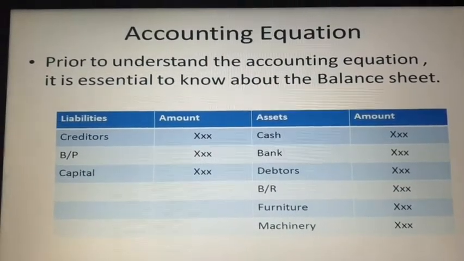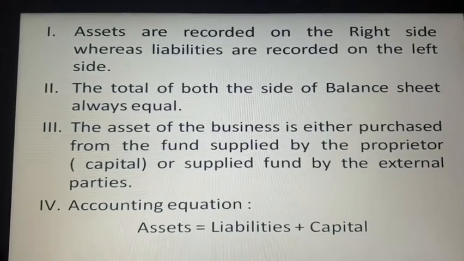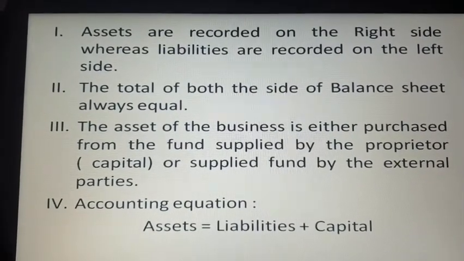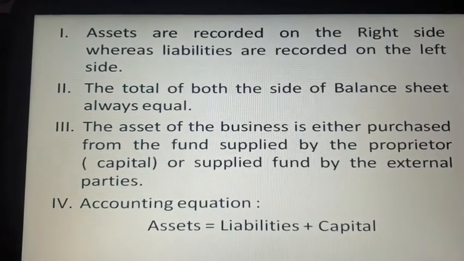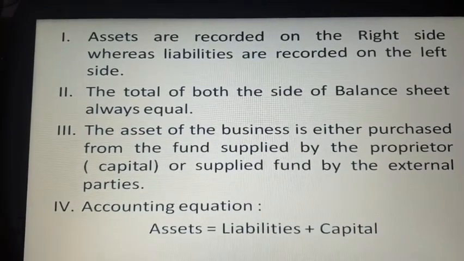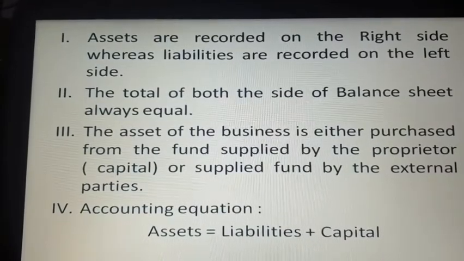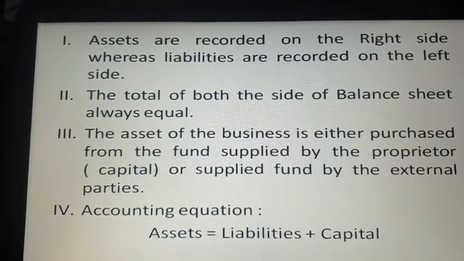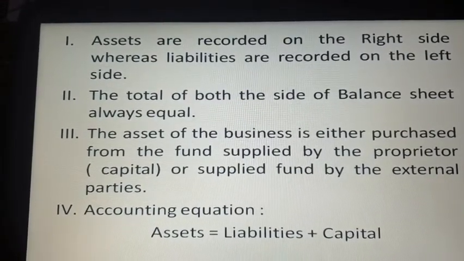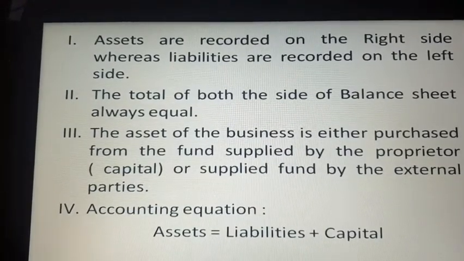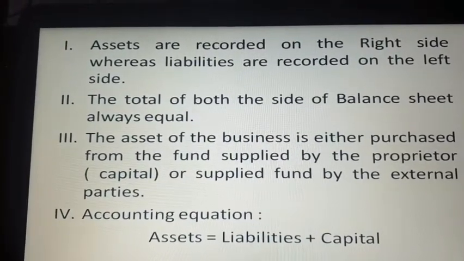Let's move to the next slide. Assets are recorded on the right hand side, whereas liabilities are recorded on the left hand side, that I already discussed in the previous slide. Now whenever you are preparing a balance sheet, the total of both sides, that is asset and liability side, is always equal.